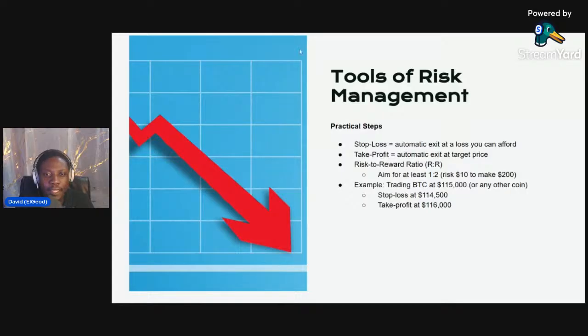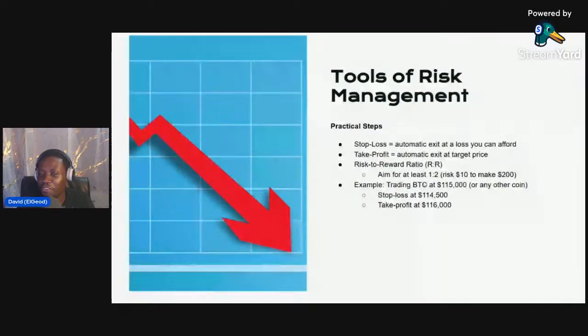Number one. Then number two is all the stop losses, the take profits, the planning and the calculation of your risk to reward ratio. How much can I afford to risk? How much can I really afford to risk on this particular trade? You've got to tell yourself that, right? Very importantly. And then an example is, literally, for example, Bitcoin is trading at $115,000.